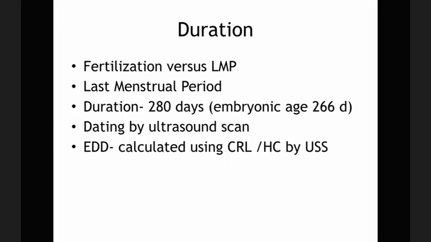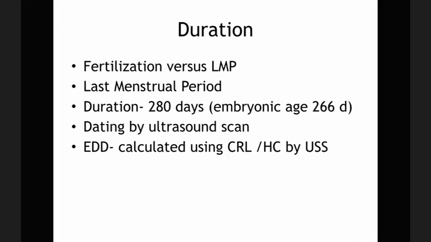This menstruation and ovulation you can't predict. However, if the cycles are 28-day cycles, you assume that ovulation would have taken place 2 weeks later. Okay, so if there are irregular cycles, you have to mention it in the history.